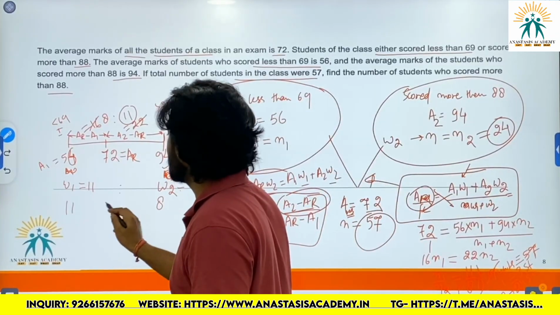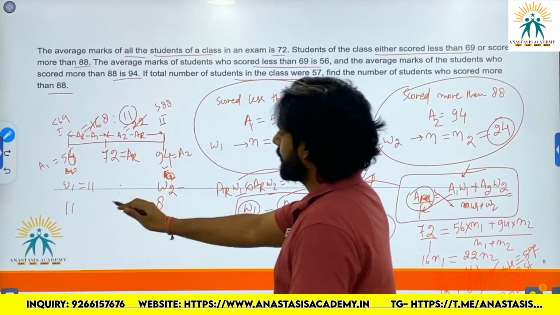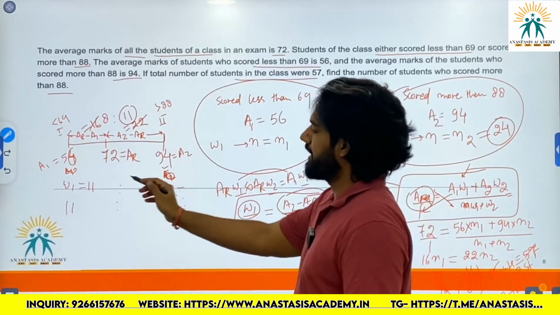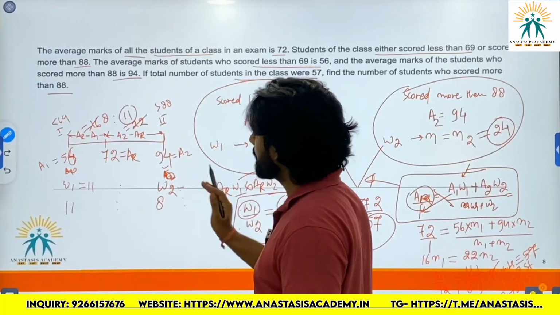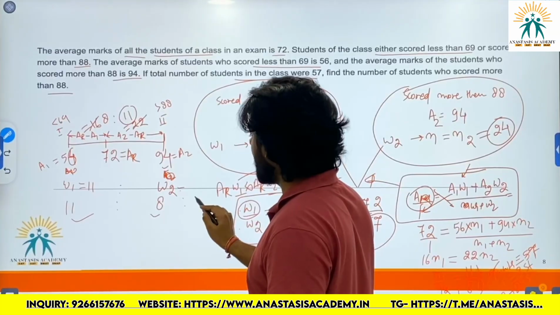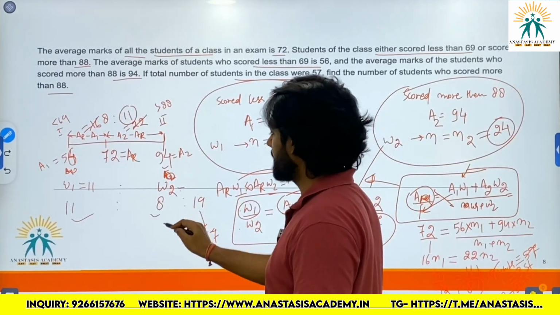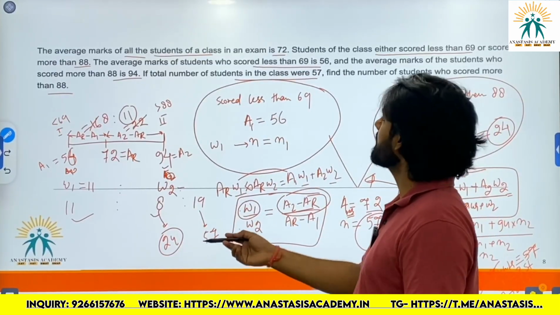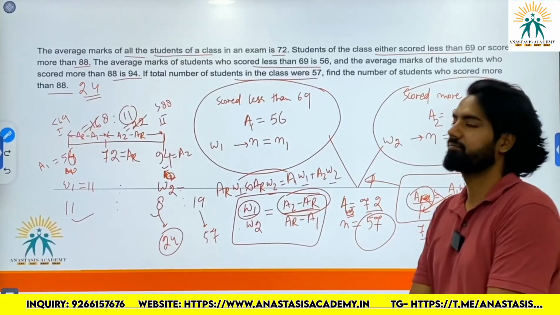So the ratio of these two weights must be 11:8, and weight here is nothing but the number of students who scored less than 69 and who scored more than 88. So the total number of students would be 11 plus 8, 19. This 19 is 57, so this 8 becomes 24. So the correct answer to this question is 24.